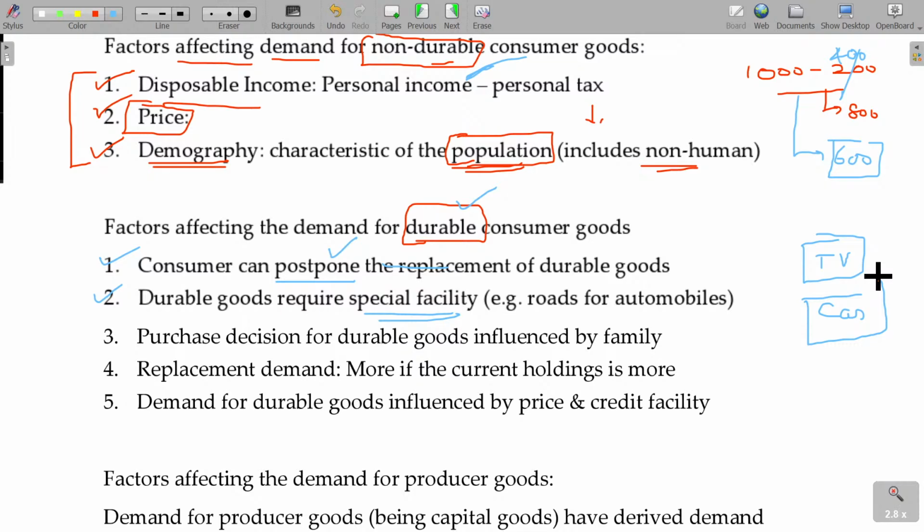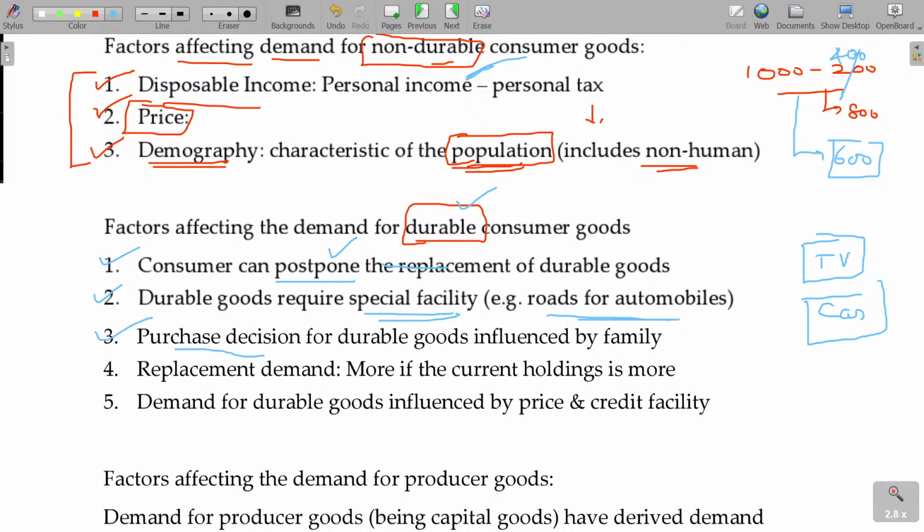I want to go on a long journey, especially to a hill station, and for that I need a special car. I just enjoyed the car, but I don't know where to park. So I neglected that. I'm able to purchase the car, but the problem is where to park it. Parking is the problem. So roads for automobiles will also be a reason why you neglect purchasing that.